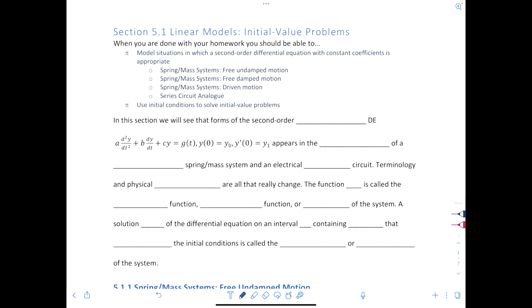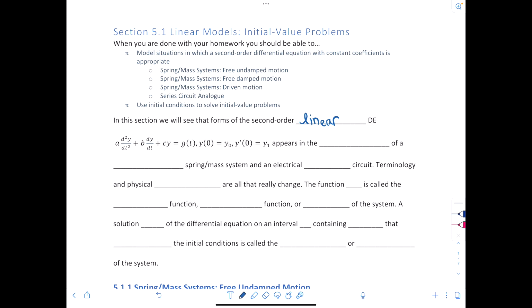In this section, we will see forms of the second order linear differential equation, like this one with y as the dependent variable. We're mostly going to see x's, but it's the same format.